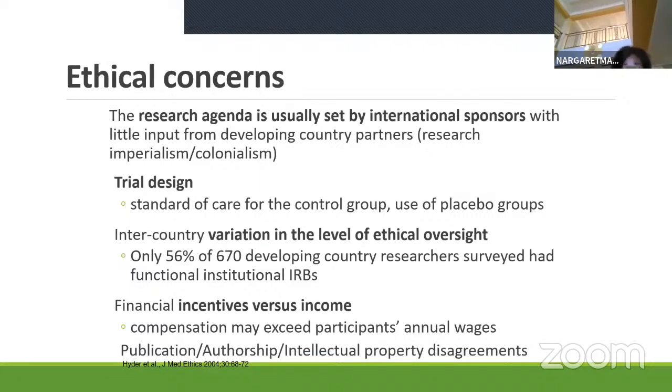We have had cases where papers were published, research was said to have been done, even in Nigeria here, but no Nigerian name was on the list of the authors. Neither were the participants or the communities acknowledged. So we got a whistleblower from outside Nigeria, and this matter was investigated and due sanctions were imposed. Next slide, please.